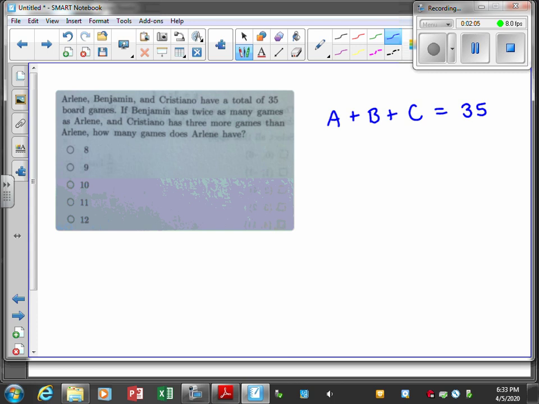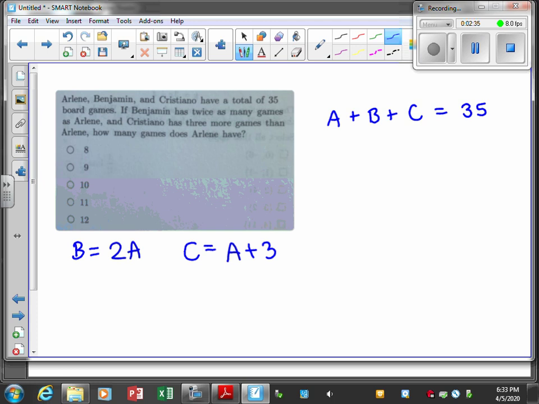How many games does Arlene have? So first let's come over here to the second sentence. Benjamin has twice as many as Arlene. So we'll just let Arlene be A. Cristiano has 3 more than, so that's Arlene plus 3. 3 more than Arlene, or more than is plus. Or we could have said 3 plus A. It doesn't matter.